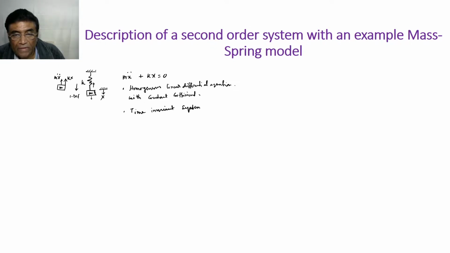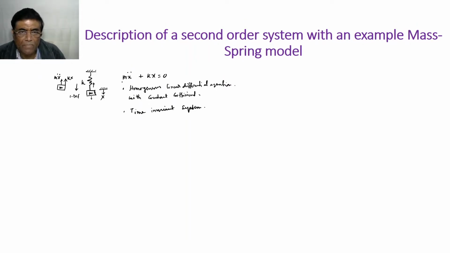Time invariant system means that with time, this m and k, which are called system parameters, and x, which is called the state parameter, okay, these system parameters are not changing with respect to time. That's why they are called time invariant systems.